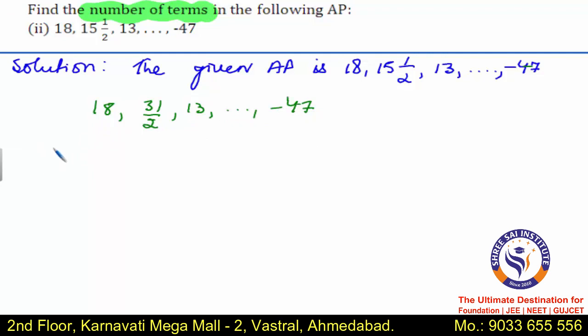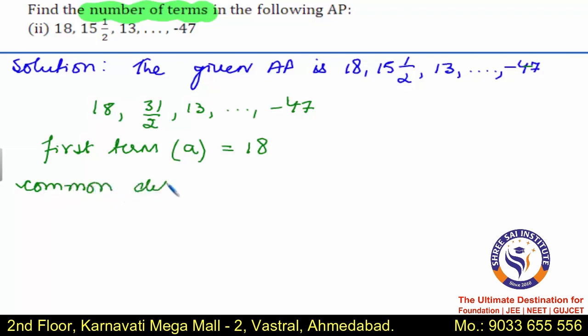Now here the first term in this given AP, let us denote it by A, is equal to 18, and let us also find the common difference. Denoting it by D, which is obtained by subtracting any term from its succeeding term, that is 31 upon 2 minus 18.